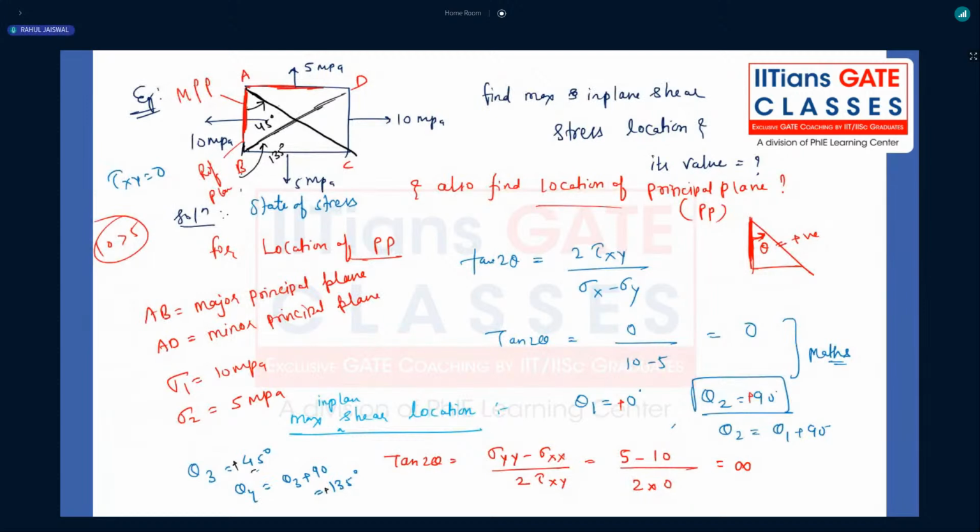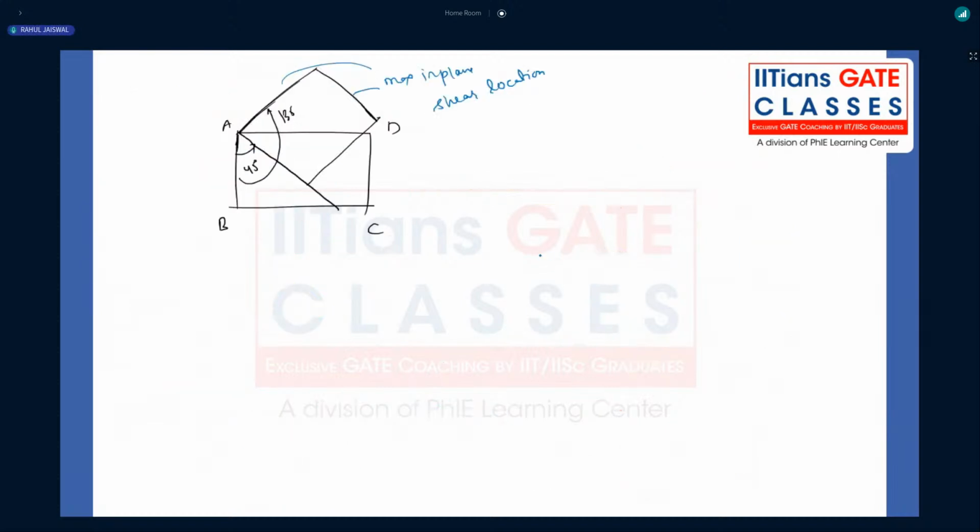Is that clear? At least regarding the sign conventions, the representation of the plane on the state of stress. Now in this maximum in plane shear location, whether you have the normal stress value, what is the major principal stress, what is basically the location part I told you, right? Suppose theta 3 you are getting positive, theta 4 also you are getting positive, that means both are in the anti-clockwise direction from the reference plane, and that is what we have decided to be the reference plane.